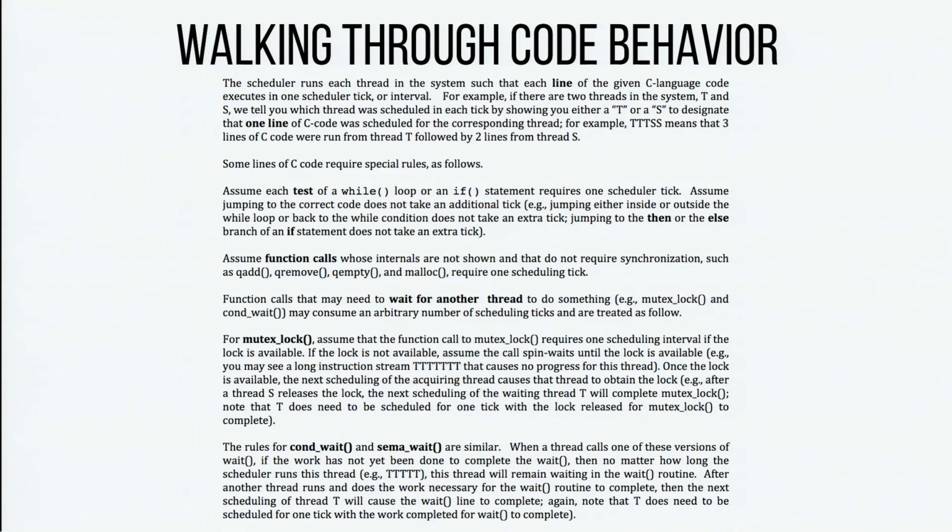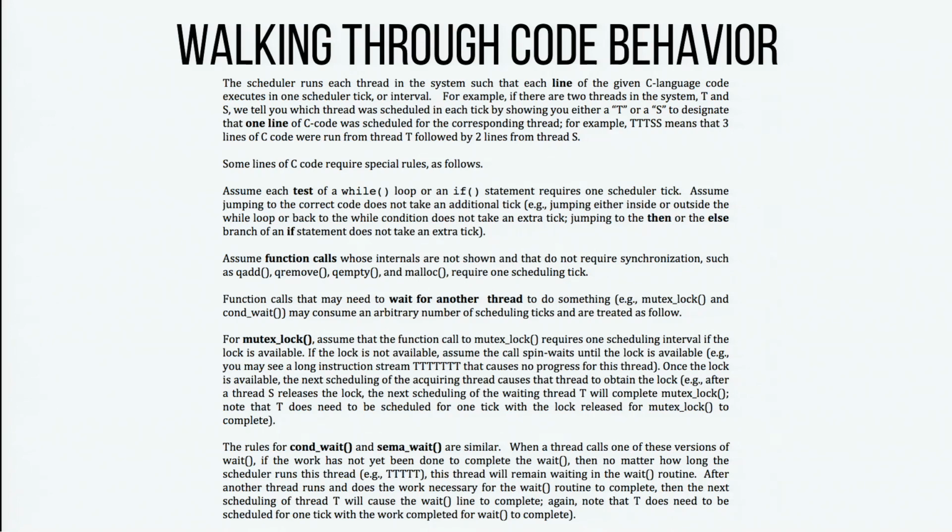So basically, I need to give you a model for how to execute code so that I can ask you questions, like showing you some reader-writer code or some producer-consumer code or join code or dining philosophers, and have you execute it and say what would happen when one thread runs and another thread runs. So I want to give you these interleavings without giving you a ton of information.